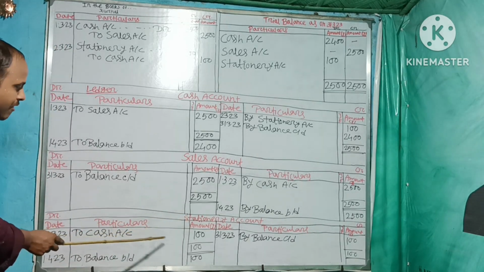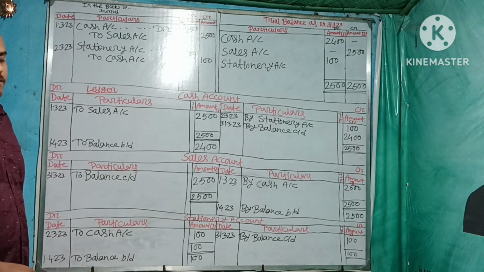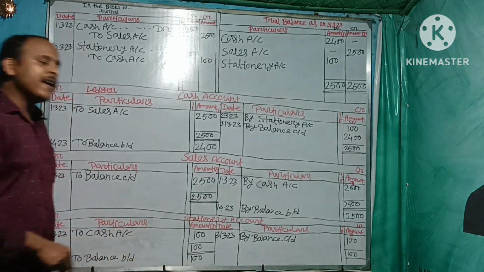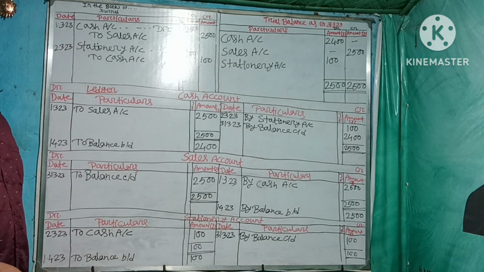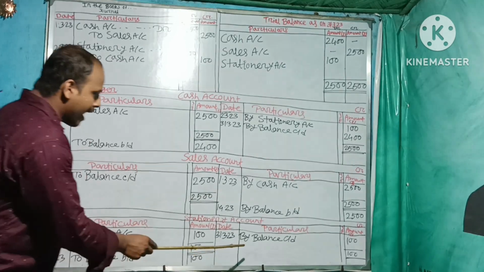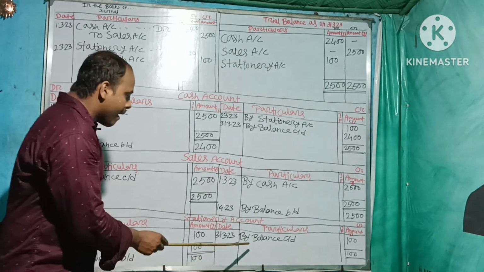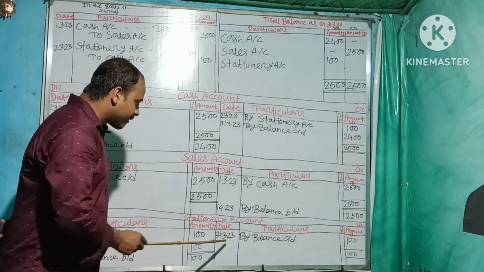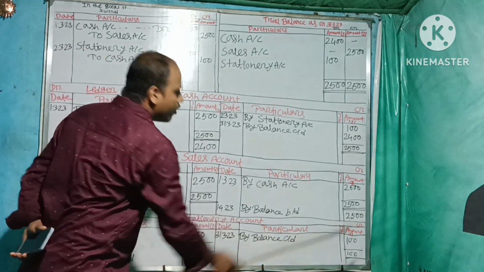Here the stationery account debit side has 100 rupees, and the credit side doesn't have any balance. For that reason we write the sum of 100 rupees on both sides, and where the balance comes, on the credit side, this side is the by side, 31st March 2023 by balance CD 100 rupees.